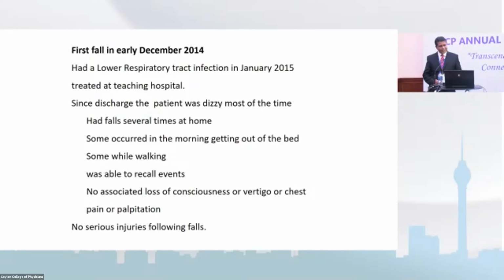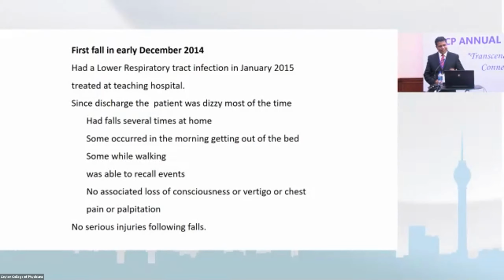Some falls occurred while she was getting up from the bed, and some while she was walking. She was able to recall the event, so she didn't lose consciousness. She didn't have any vertigo, chest pain, or palpitation just before or during a fall, and she had no serious injuries from the falls.